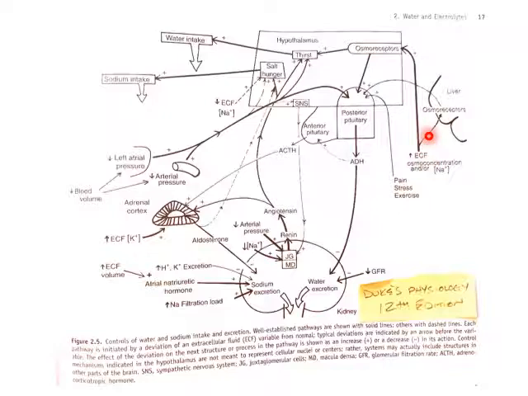If we have lower extracellular fluid concentrations or amounts, we have an indication here to pick up that ADH. Again, we've lost volume here. We need to conserve water, bring it back into the body.